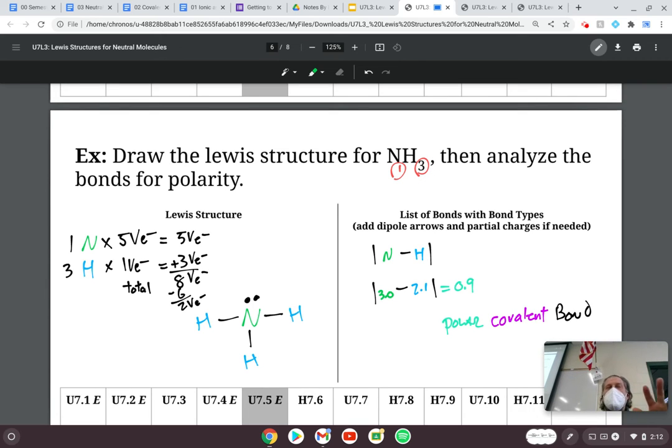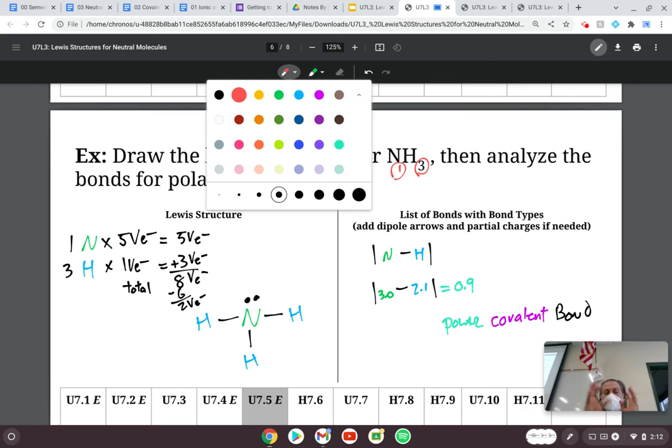And if it's a polar covalent bond, I have to draw the dipole arrow and I have to draw the partial charges. Now, in a polar covalent bond, the arrow is pointed toward the more electronegative element. So out of the 2, nitrogen and hydrogen, which is the more electronegative element? The answer is nitrogen. Good.